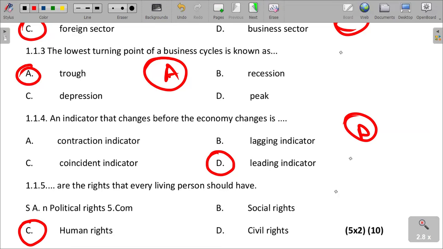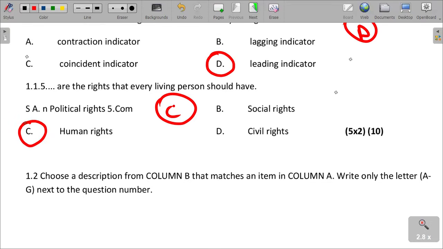Those are called human rights. They are entitled to every person who is alive. So human rights are rights that every person should have because he is a person.